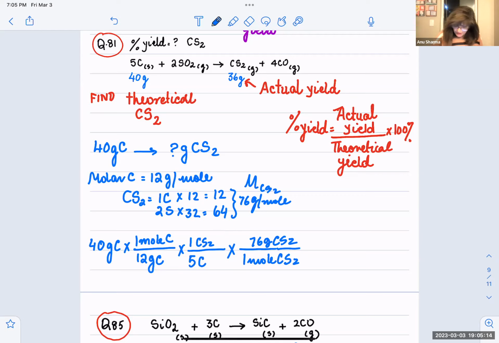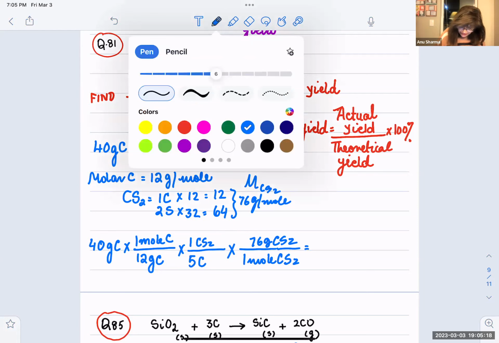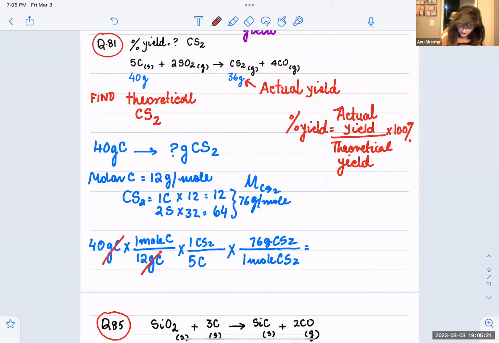All right, so now let's see how much is produced. The grams of carbon cancel out, the moles of carbon cancel out, and the moles of CS2 cancel out.